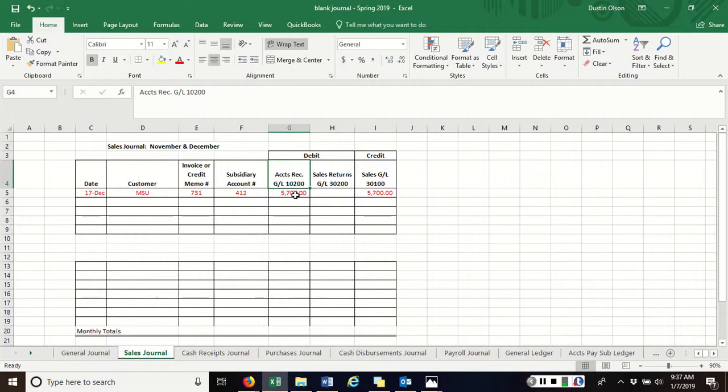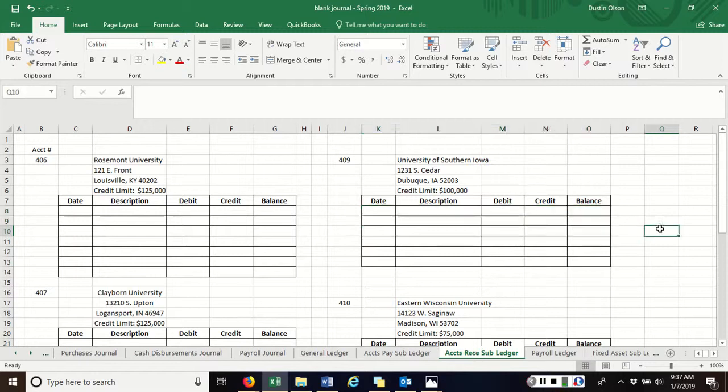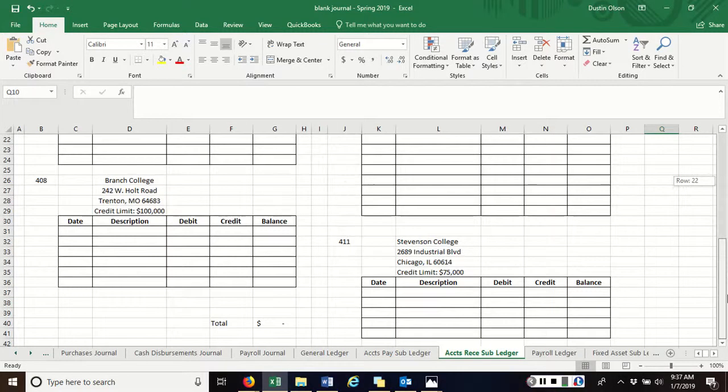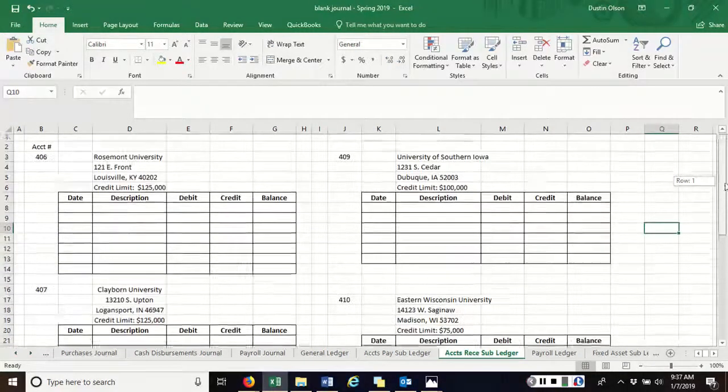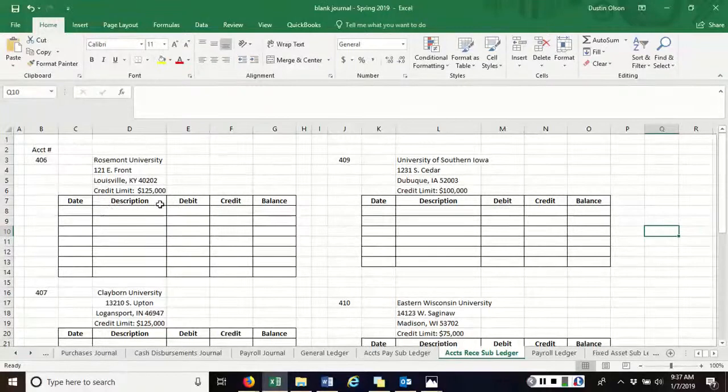And then anytime we enter accounts receivable, what's going to be affected is each company's subsidiary ledger. And that subsidiary ledger is just a list of basically how much each customer owes us. So if I scroll through my tabs here, I find the accounts receivable subsidiary ledger, and I would find MSU's account and enter it in here as well as a debit.